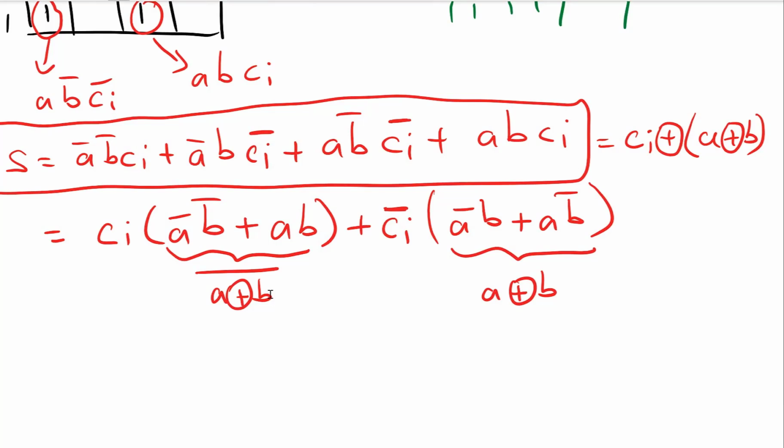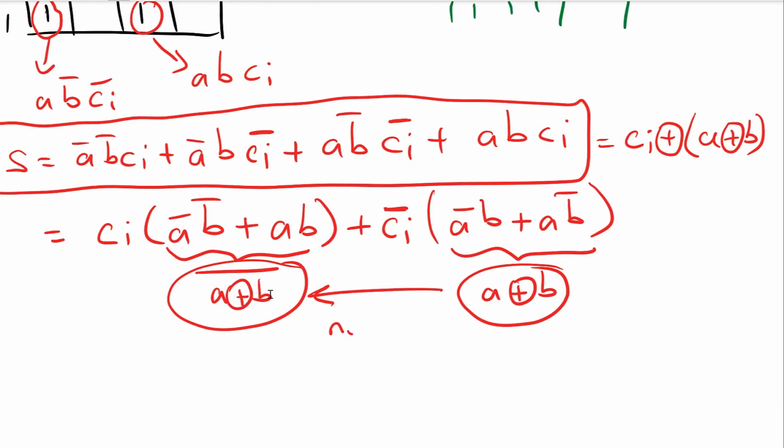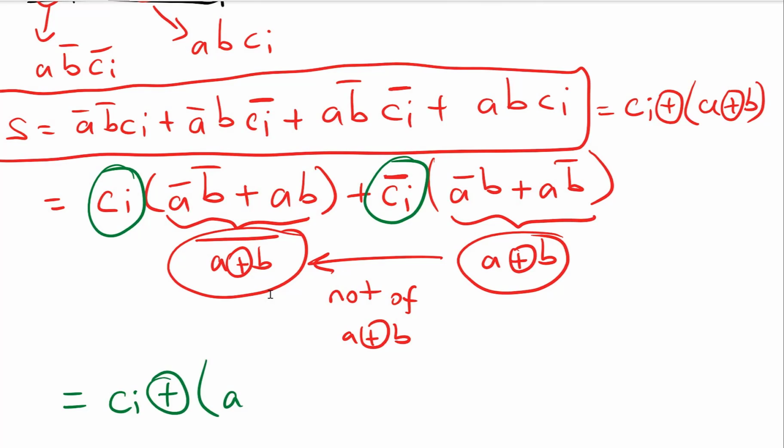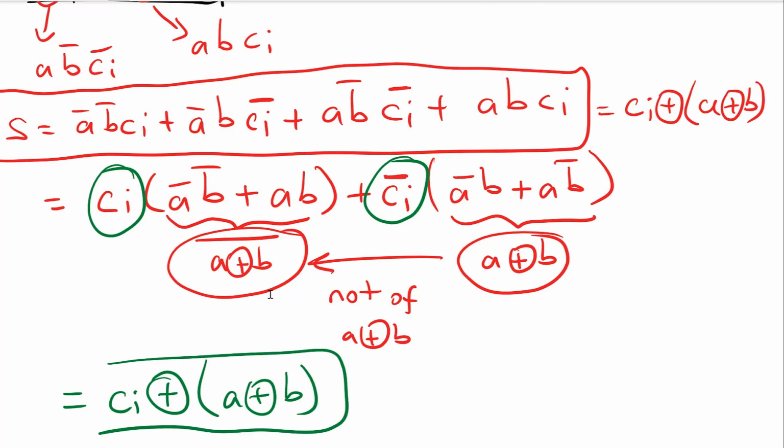So in a way, you have a variable here and you have a not of that variable. And then you see we have carry in here and carry in not here. So then what you can write is carry in XOR A XOR B. Right? So this is how you can get the short Boolean expression for this sum.